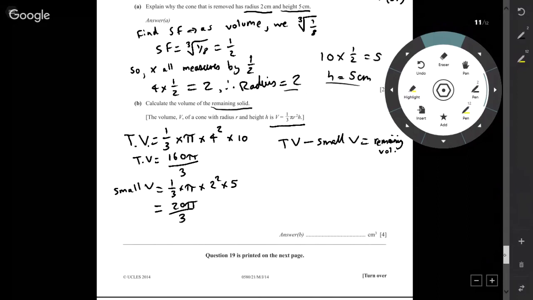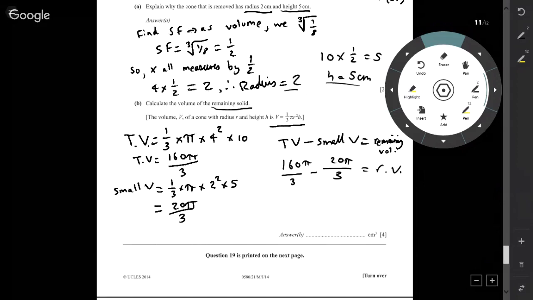So what I've done here is I've just substituted in all of the numbers from the picture above into this formula. That's given me the total volume is 160 pi over 3, and the small volume is 20 pi over 3. So now all we're going to do is do 160 pi over 3 minus 20 pi over 3 equals remaining volume.